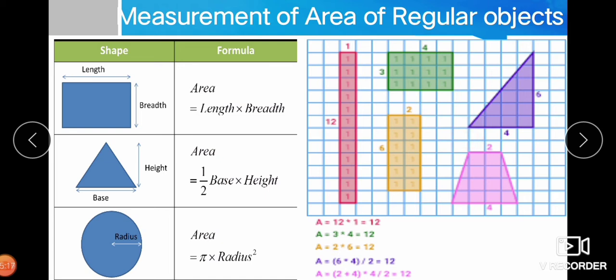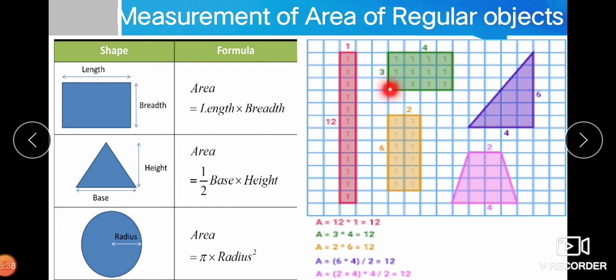graph technique. It has the squares of 1 centimeter side. So you draw a shape and measure the number of squares. If there is one square, area occupied is 1 centimeter square. If there are two squares, area occupied is 2 centimeter square.